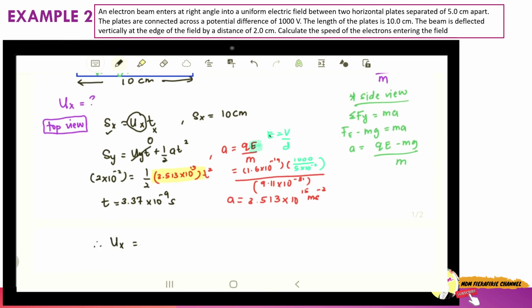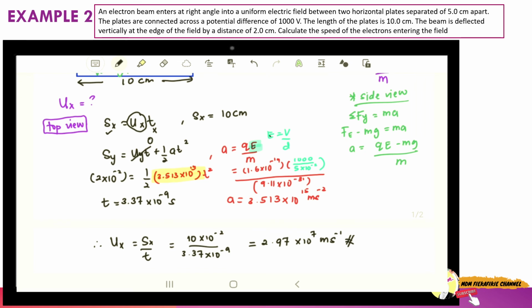Therefore ux is equal to Sx over t. You can substitute the value of Sx is 10 centimeter and t is equal to 3.37 exponent negative 9, and it's equal to 2.97 exponent 7 meter per second. So this is the answer if we use the top view.